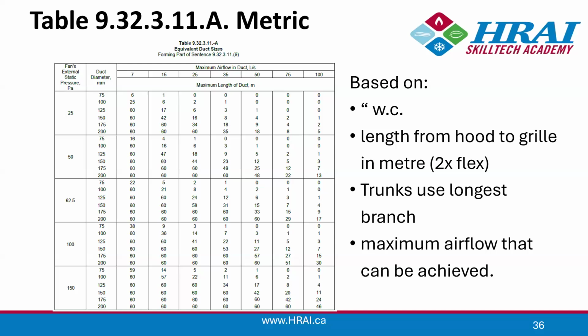This one's in Pa. The length from the hood to the grill is measured, and we double the flexible piping. So when we're talking about grill to hood on an HRV, we've got the hood, flexible piping to the HRV, then from the HRV to wherever it's going, whether it's the return air system of a forced air heating system, or if it's going to bathrooms, bedrooms, wherever it's going, you're measuring those total lengths.